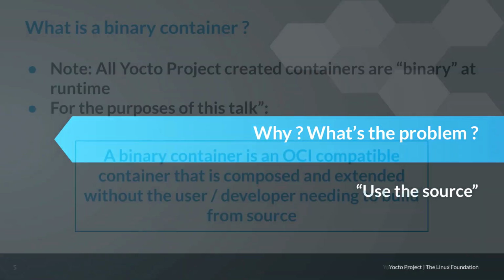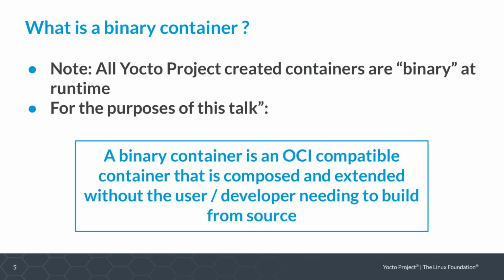So the question is, how do I define a binary container in this? Obviously, whether you built it from source or not, you're not running a source container on your target. They're all binary when you run them, so this is no different at runtime than one that came from building it from source.